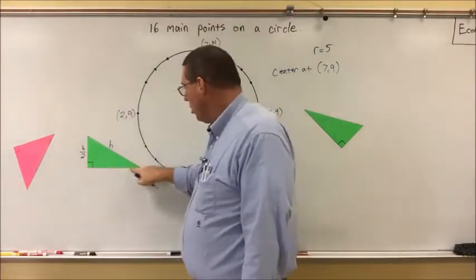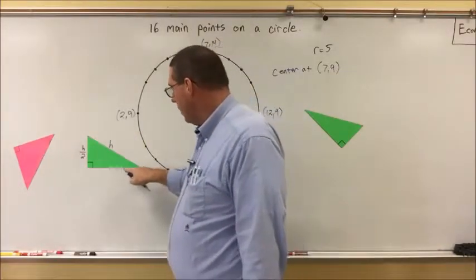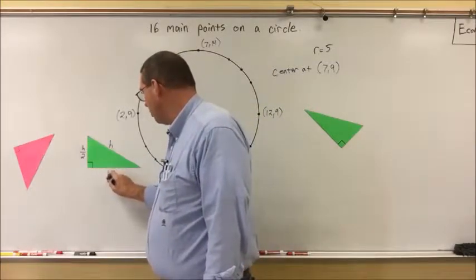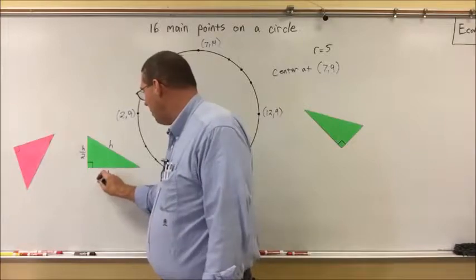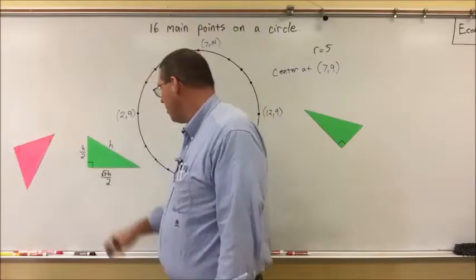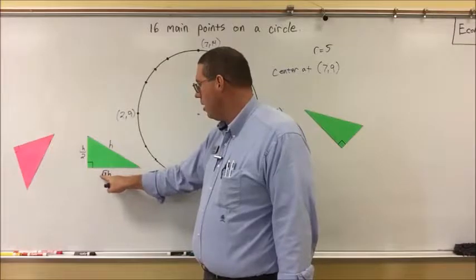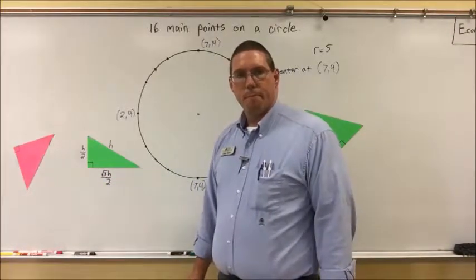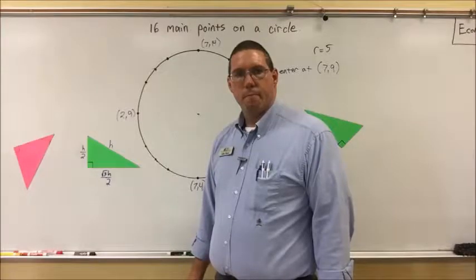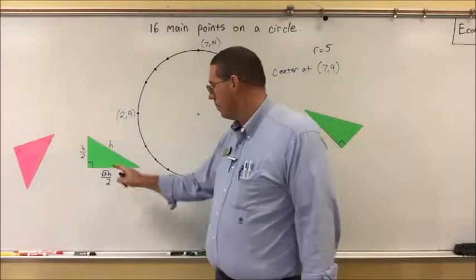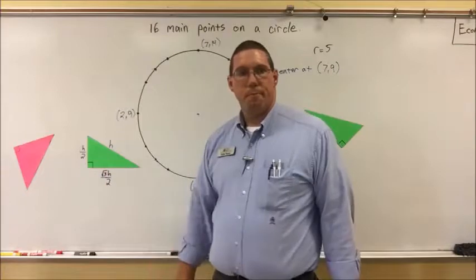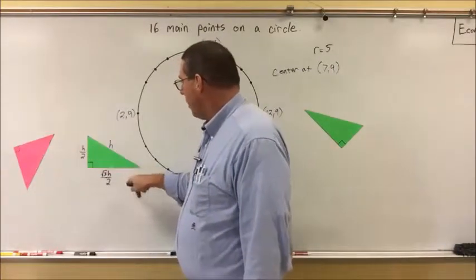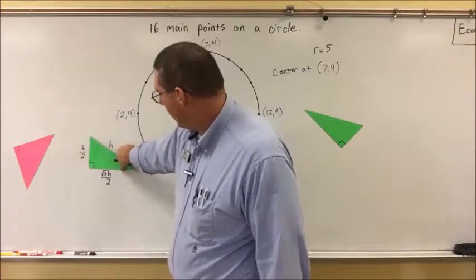And then the long leg is equal to the short leg, h over 2, multiplied by the square root of 3. So in this case we would do the square root of 3 times the hypotenuse divided by 2.